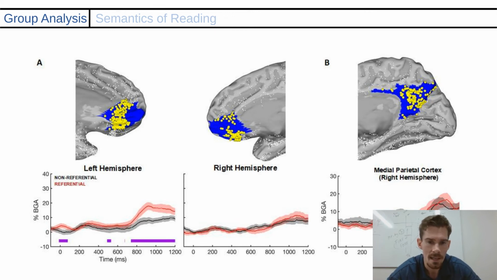So we showed that here, again, a slightly later effect. The effect arises around 800 milliseconds for VMPFC, so quite later than for hippocampus, IFS, and MPC, but nevertheless the effect is there. And you can think of all sorts of potential explanations for why the effect is later there. But again, it seems to be unique to language dominant hemisphere.